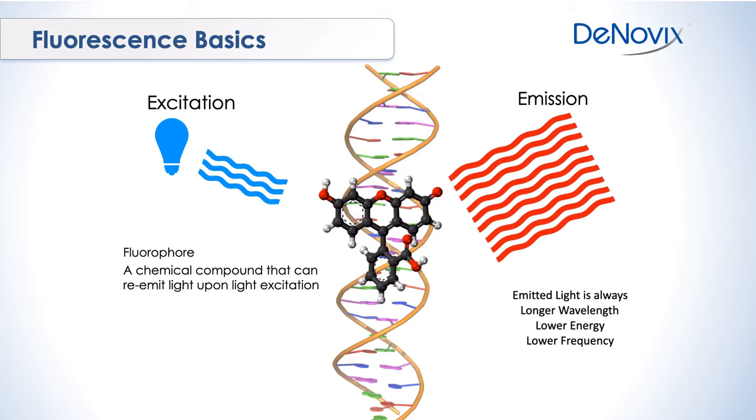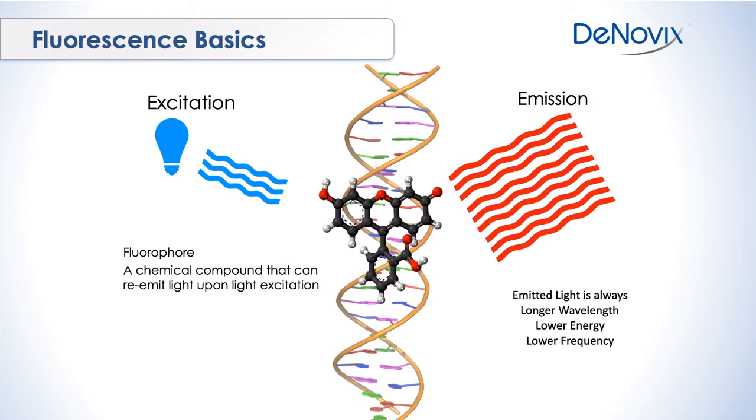By binding to the molecule of interest, and this depends on the assay and the formulation of the assay, once it's bound to the analyte of interest, the fluorescence emission is enhanced, and that allows us to discriminate between fluorophores that are in suspension and fluorophores that have bound to their target molecule.